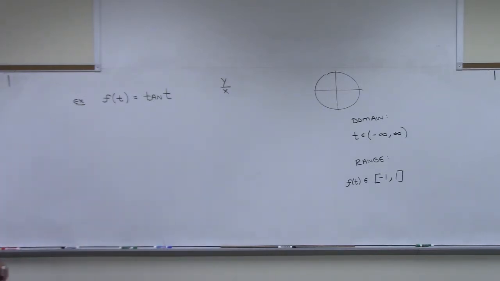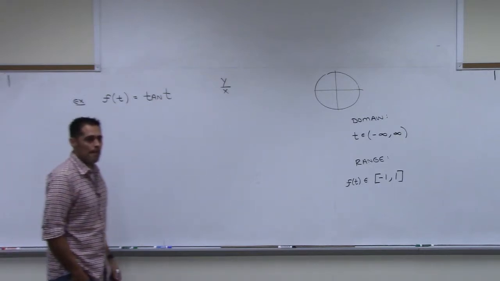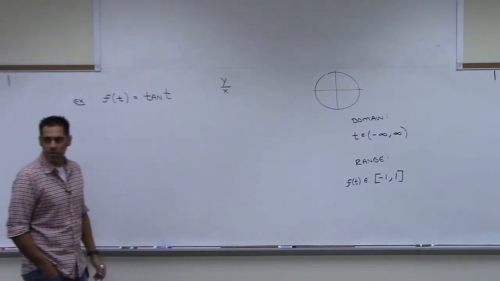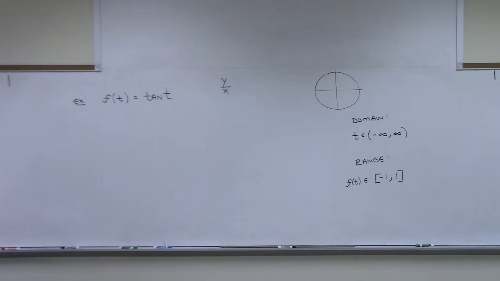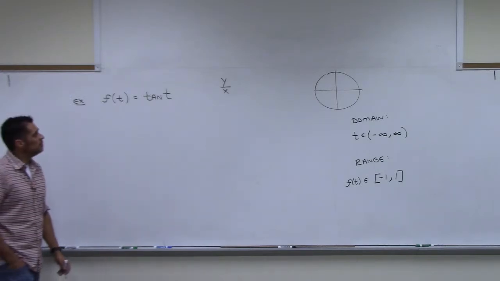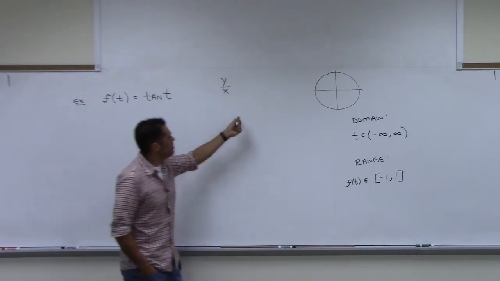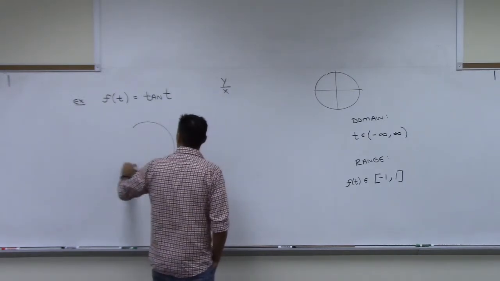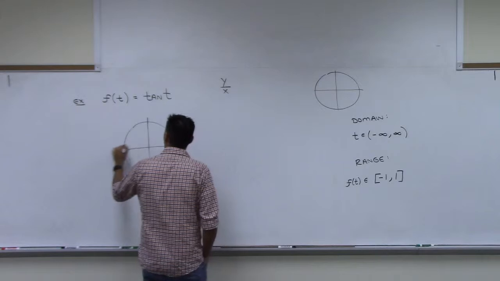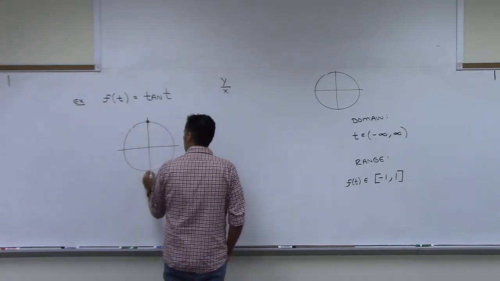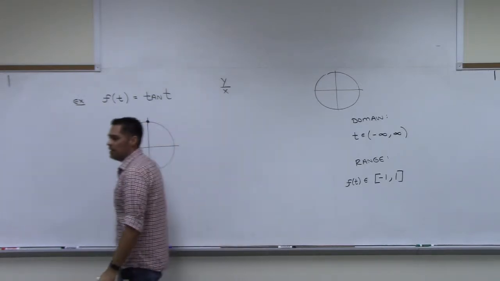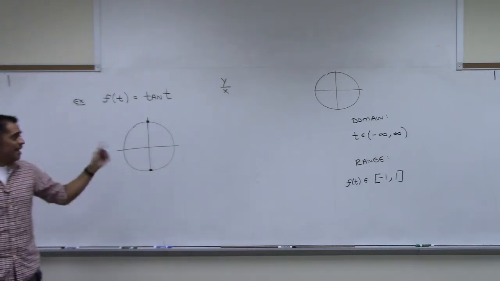Where are you going to start to have problems? Where does the tangent function have problems? Anytime x is 0, right? Anytime x is 0 means that anytime you try and get 90 or 270 or any angle that lands there, right?